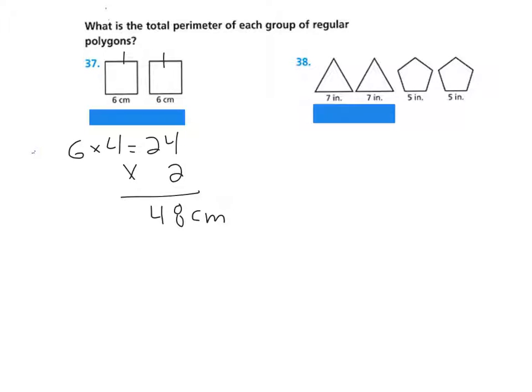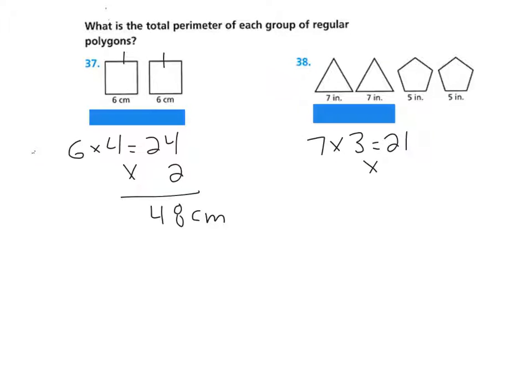Now we'll calculate the perimeter of this one. I'll help get you set up, and then I want you to finish calculating the perimeter. We've got first some triangles with 3 sides. So we have 7 times 3, which gives us 21. And how many triangles do we have? 2.